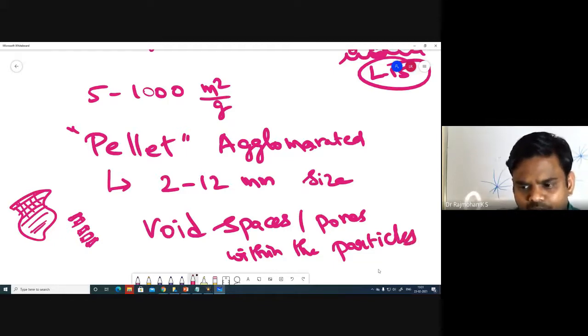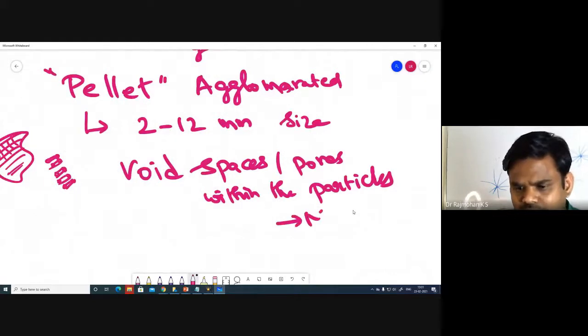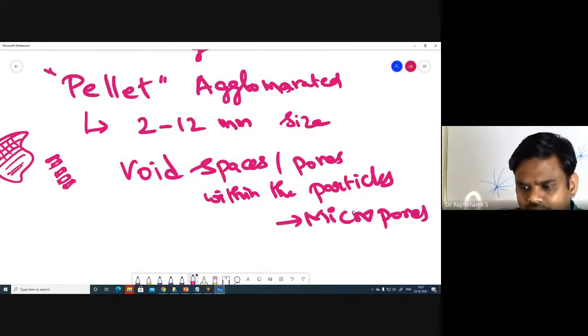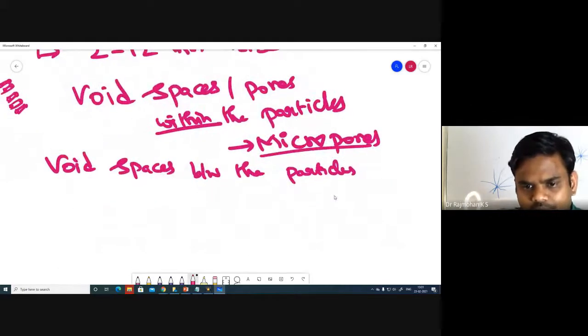Void spaces within the particles we call micropores, and void spaces between the particles we call macropores.